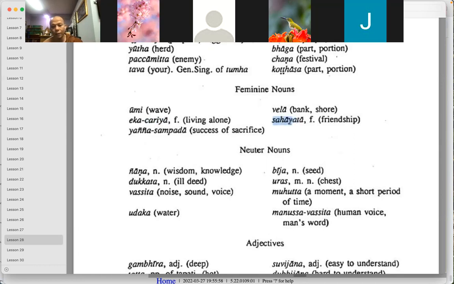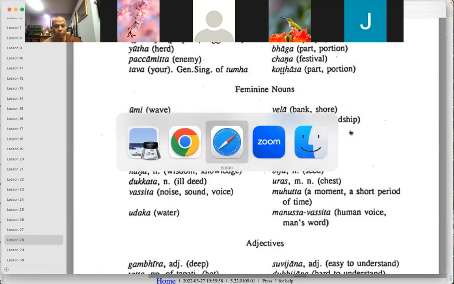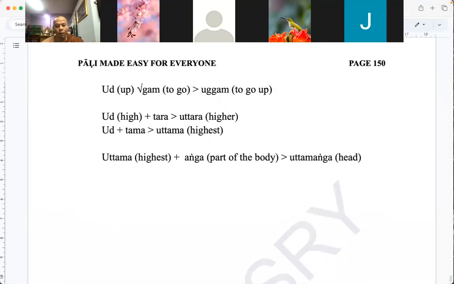And the sahayata. After sahaya is ta. So friendship, sahayata. Commonly, by adding the ta suffix to an adjective, we get the state or shape of something.